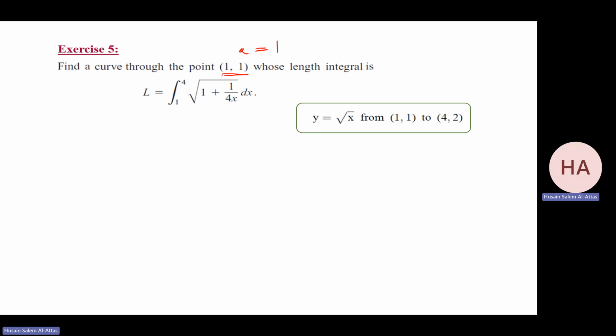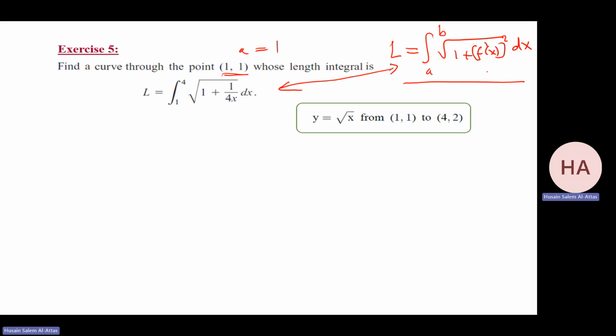You need to remember the formula. This is my formula: from A to B, the square root of 1 plus f prime squared dx. If I compare this formula with this one, he gave me the length integral.